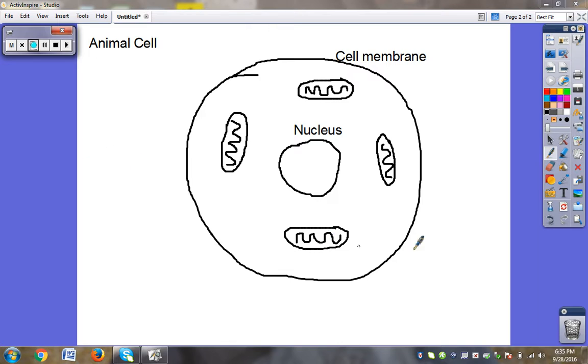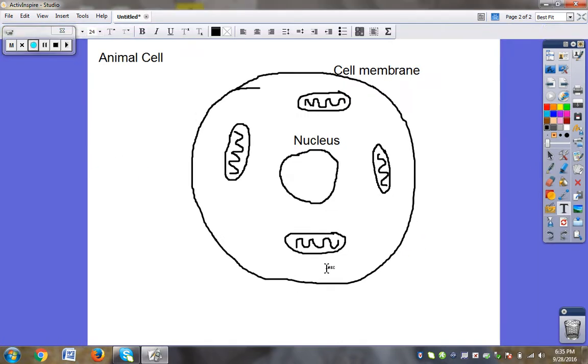But these have a much longer, much more technical word. These are called mitochondria. And there's lots of them in a cell. There's hundreds of them just jam-packed in a cell. So we're going to put that in, mitochondria. Technically, one is called a mitochondrion, and then altogether they're called mitochondria.